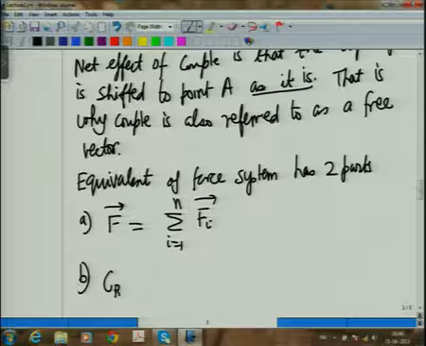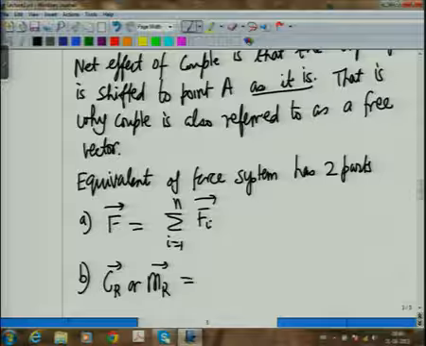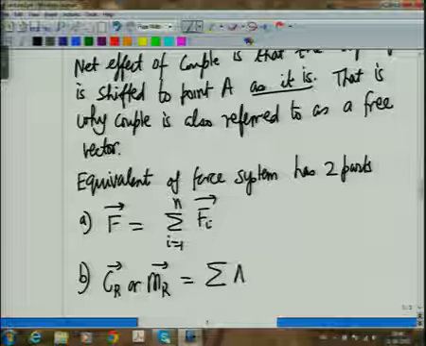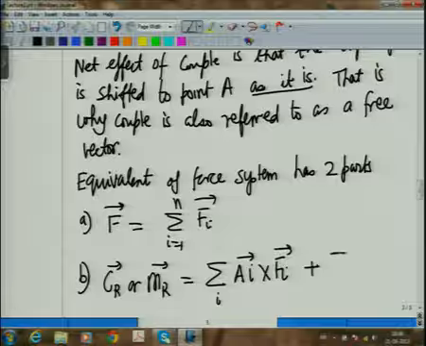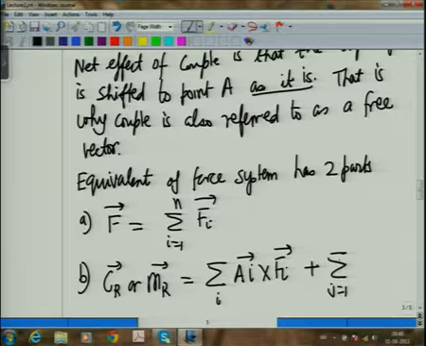The net part, which I can call the resultant couple, or the resultant moment, will be equal to the sum of Ai plus Fi plus, so you add both the moments. I have written these separately, and I have combined them here.